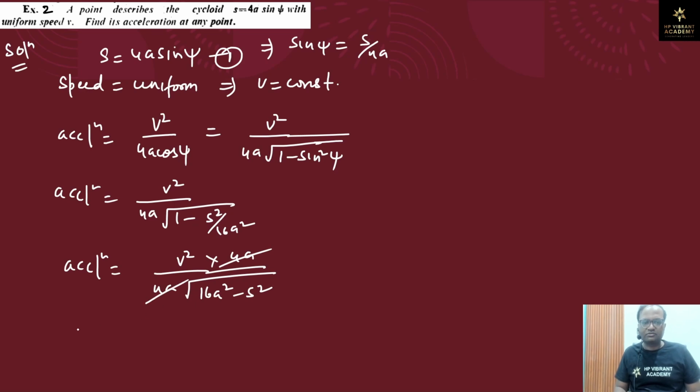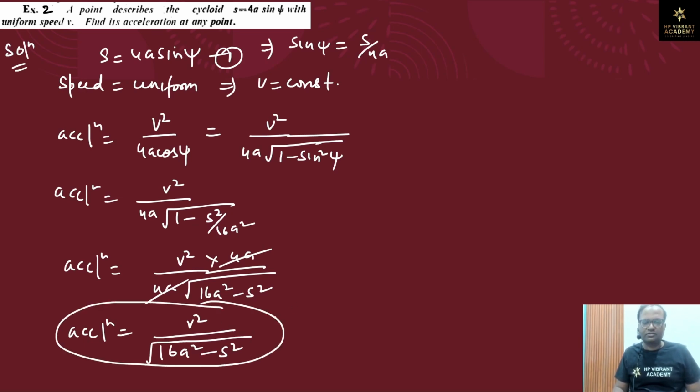This 4a gets cancelled. So acceleration is equal to v square upon square root of (16a square minus s square). This is our acceleration, the acceleration of a point on the cycloid.